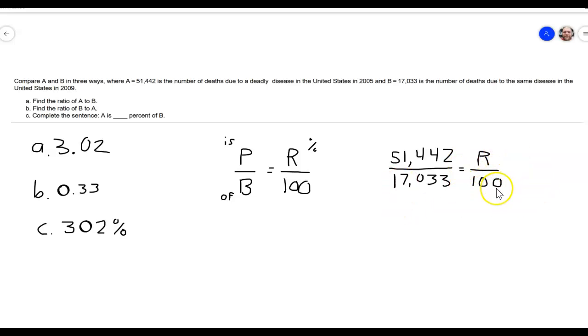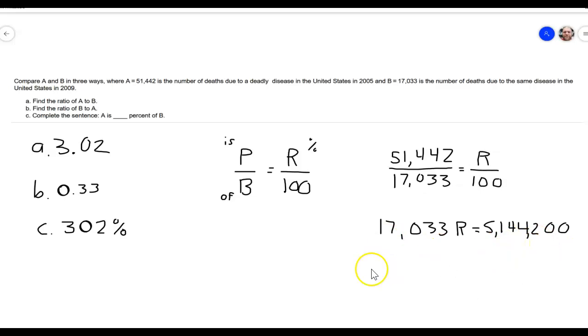In order to solve a proportion, we cross multiply. So 17,033R is going to be equal to 100 times 51,442, which is 5,144,200.